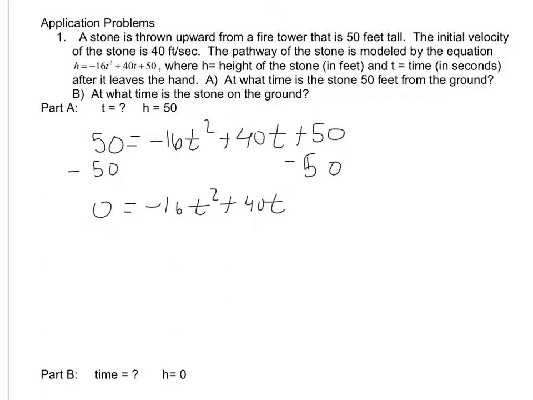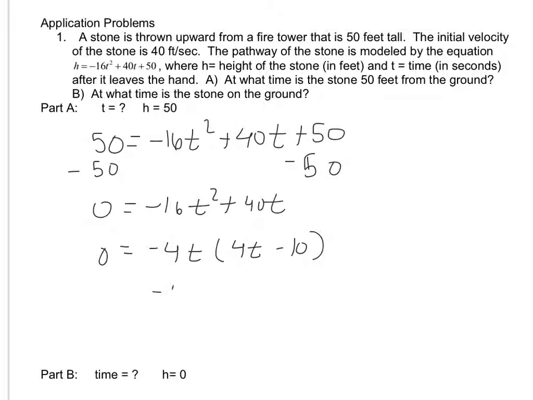Okay? So now all we got to do is factor. So I'm going to factor out the negative 4t. And I'm going to have 4t, oh, not plus, minus now because I factored out the negative. Positive 4t minus 10. We could have factored out more, but it doesn't matter.